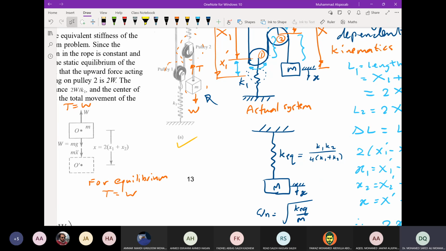So in case you want to study the effect of K1 on the natural frequency, it is simply changing K equivalent. By changing K1, you are changing K equivalent, or by changing K2, you are changing K equivalent, which is the value of K. Okay, so this is the procedure.